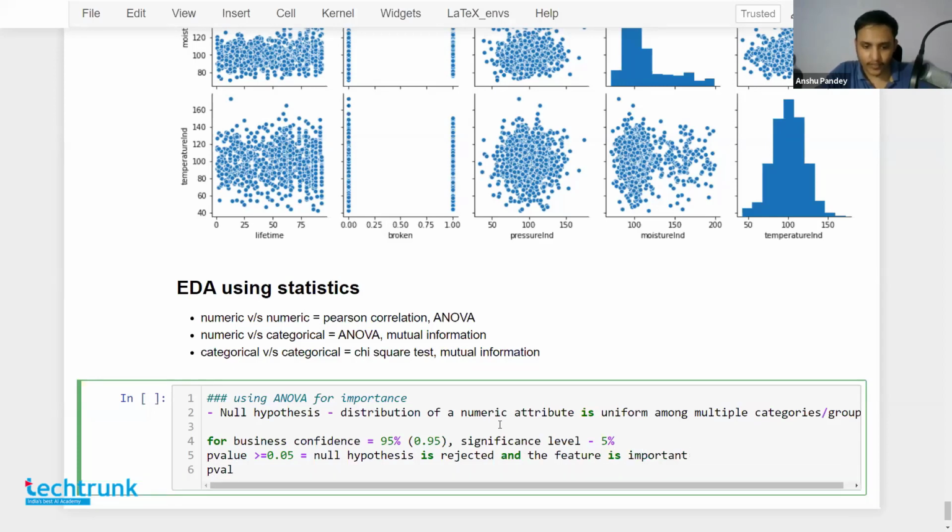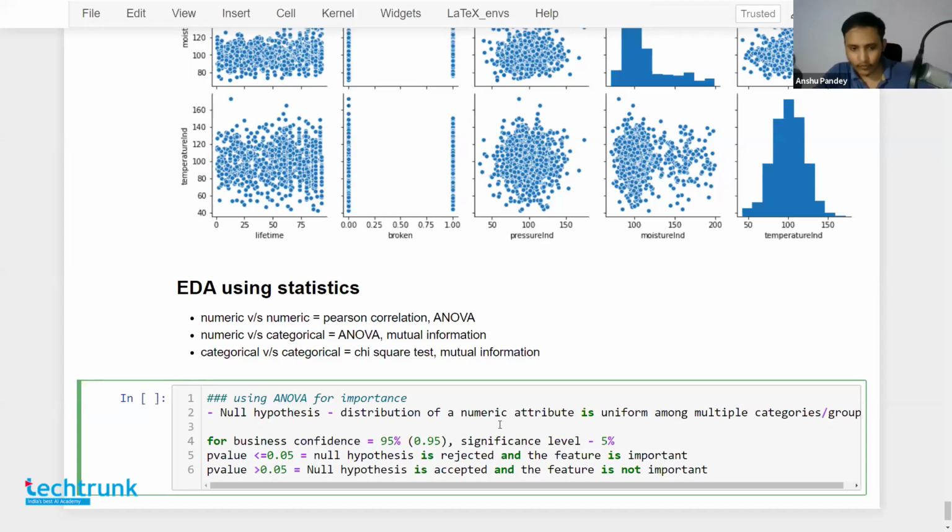If the p-value is, sorry, it is less than 0.05, my bad. If the p-value is less than 0.05, we say the null hypothesis is rejected and the feature is important. If it is greater than 0.05, we say that the null hypothesis is accepted and the feature is not important, right?